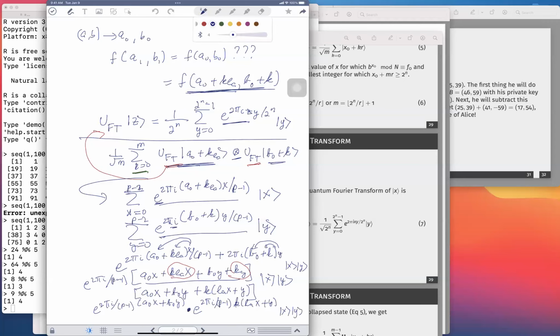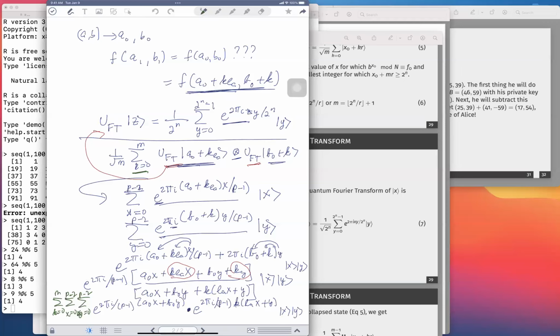So we now put the summations. The summation here is the summation of y equals 0 to p minus 2, and then summation of x equals 0 to p minus 2, and then summation of k equals 0 to m, okay.